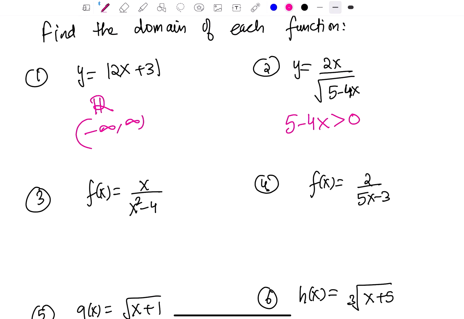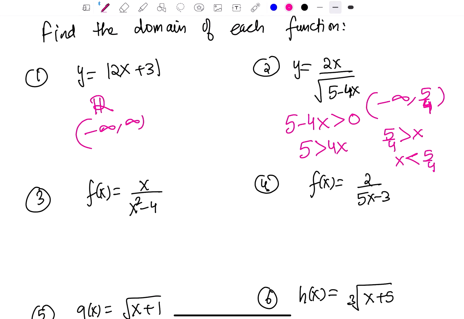If the radical was not in the denominator, it would be okay to let it equal 0 as well, because the square root of 0 is still a real number. But in this case, it's in the denominator. So 5 is greater than 4x, or 5/4 is greater than x, or we can say x is less than 5/4. So the domain is anything from negative infinity up to 5/4, not including 5/4, because we cannot have 0 in the denominator.